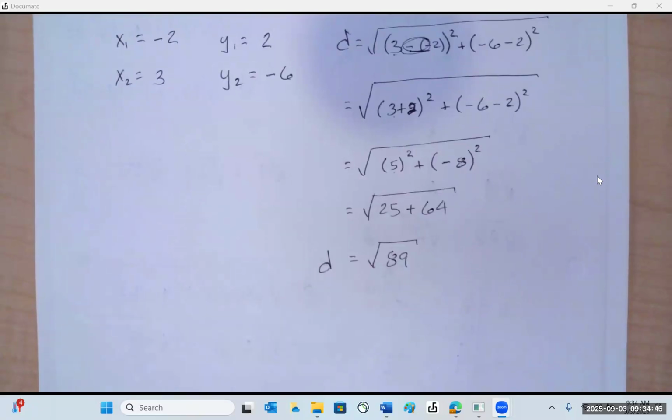What you would do next is see if you can break down 89 into multiple parts, and nothing multiplies in there that equals that. So it's just square root of 89.